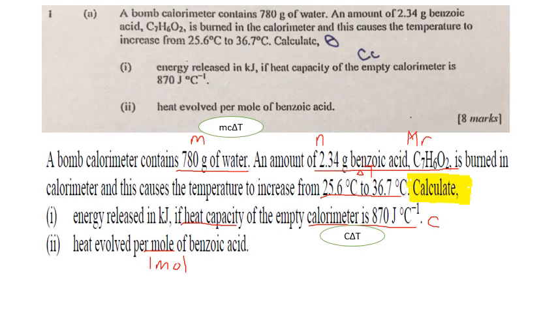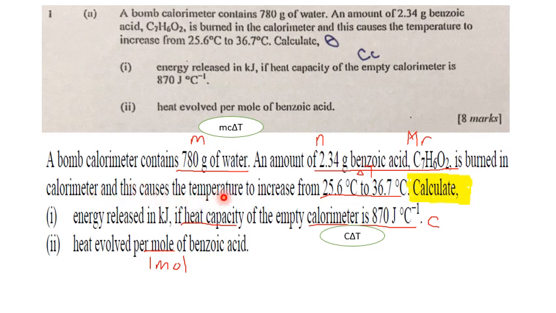Let's discuss the last question for PSPM set 2015-2016. A bomb calorimeter contains 780 grams of water, an amount of 2.34 gram benzoic acid, with the molecular formula C7H6O2, is burned in the calorimeter.